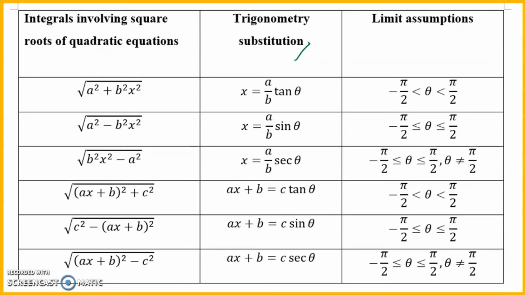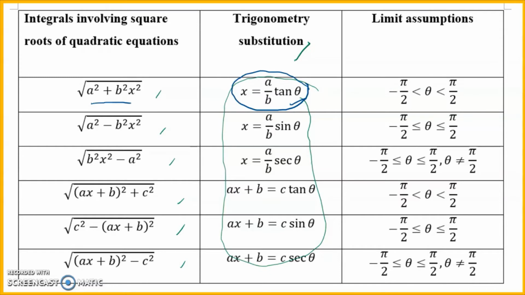That is, if the integral has the following form, then we may apply these trigonometric substitutions according to the case to solve the problems. Let's look at the first example.